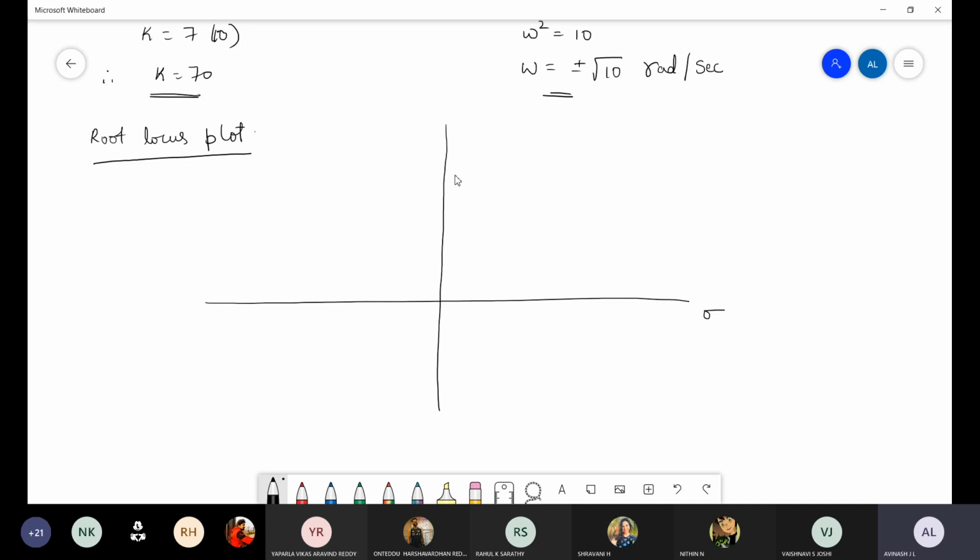Here it is sigma, and here it is plus j omega, and here it is minus sigma, and here it is minus j omega. This particular plane is called the S plane. This is the origin, the center point.